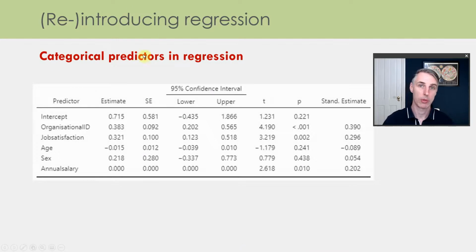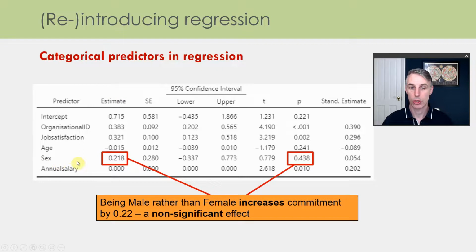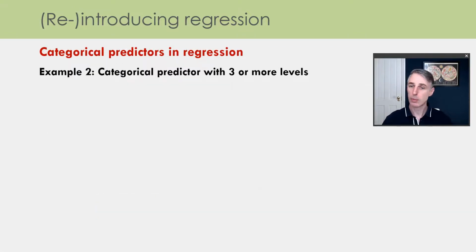If we'd entered it as a covariate in Jamovi, this would be the coefficient of sex, 0.218. So being male rather than female is associated with a 0.22 higher score in commitment, which is not significantly different from 0. So when we have binary or dichotomous categorical variables, it's very straightforward.